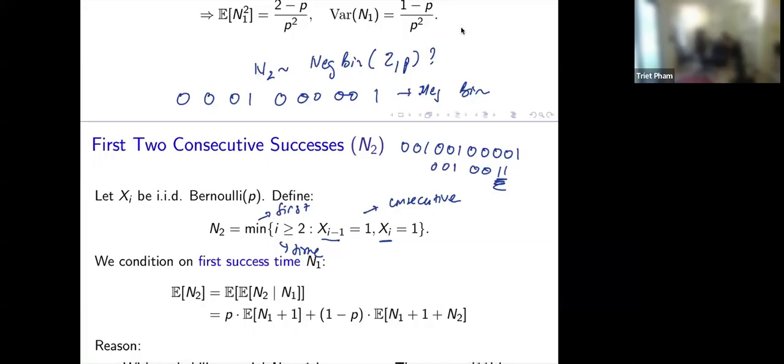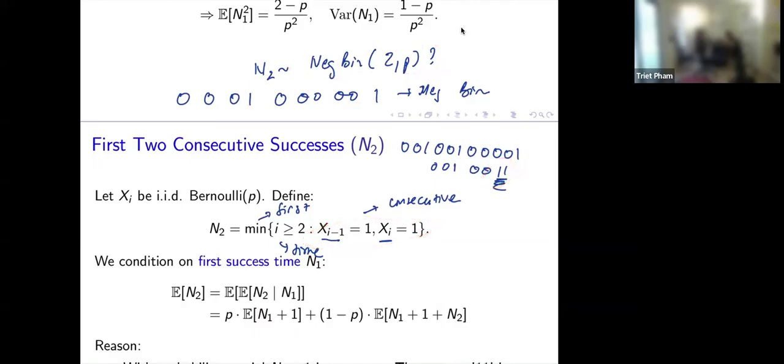This is the first time to two consecutive successes. It's not the time to the first two successes, which would be a negative binomial. It's the time to the first two consecutive successes.